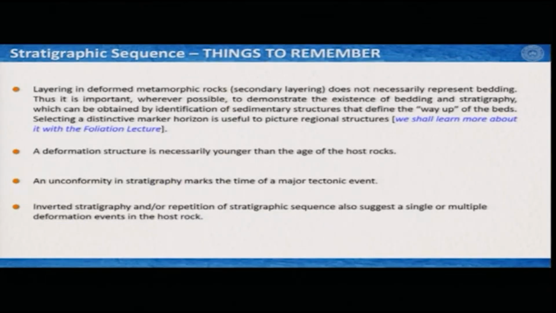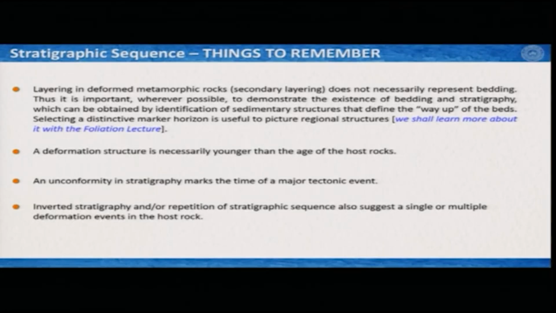So in a nutshell, if I try to summarize what we discussed so far, that why stratigraphic sequences are important, the first thing to remember is that if it is possible, if it is there, try to first figure out what is your primary bedding plane or sedimentary bedding plane.